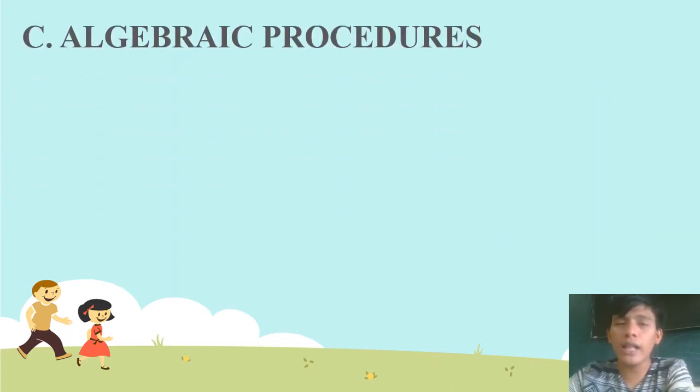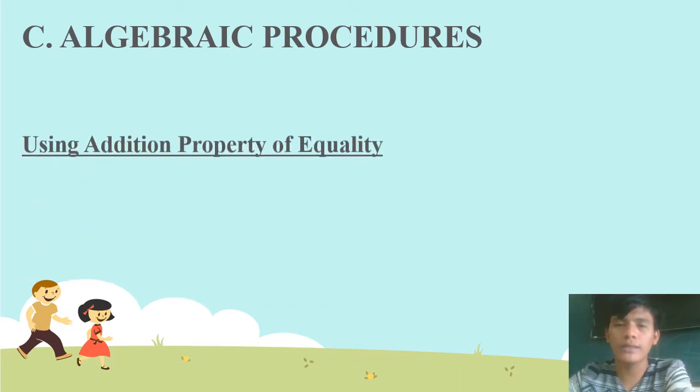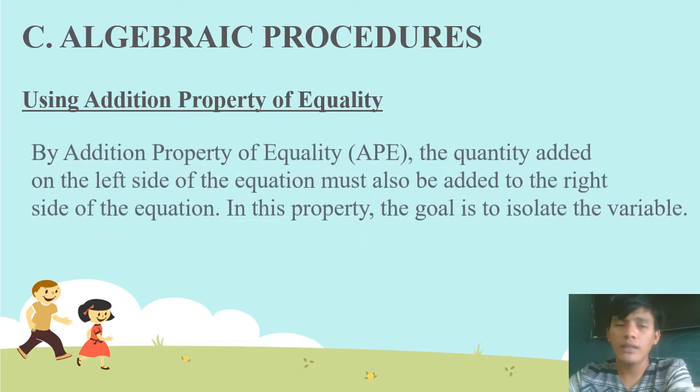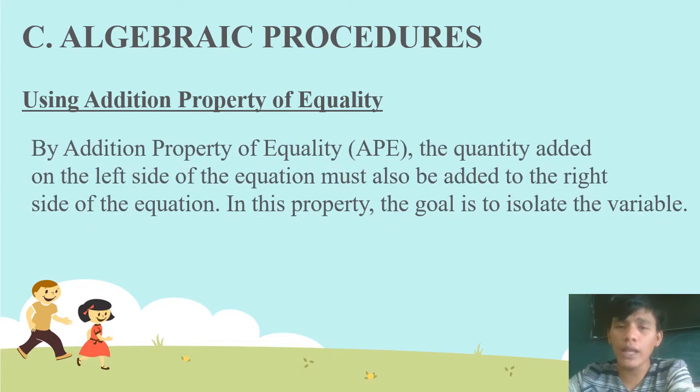Now, let's go to algebraic procedures. By the addition property of equality, the quantity added on the left side of the equation must also be added to the right side of the equation. In this property, the goal is to isolate the variable.